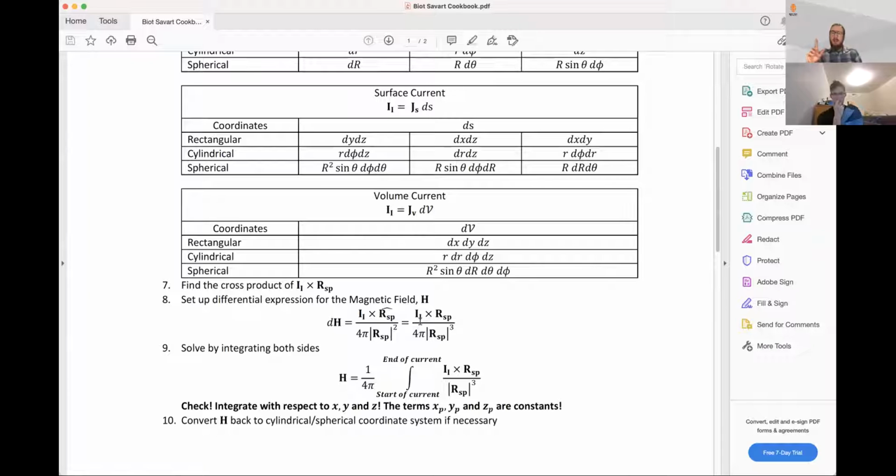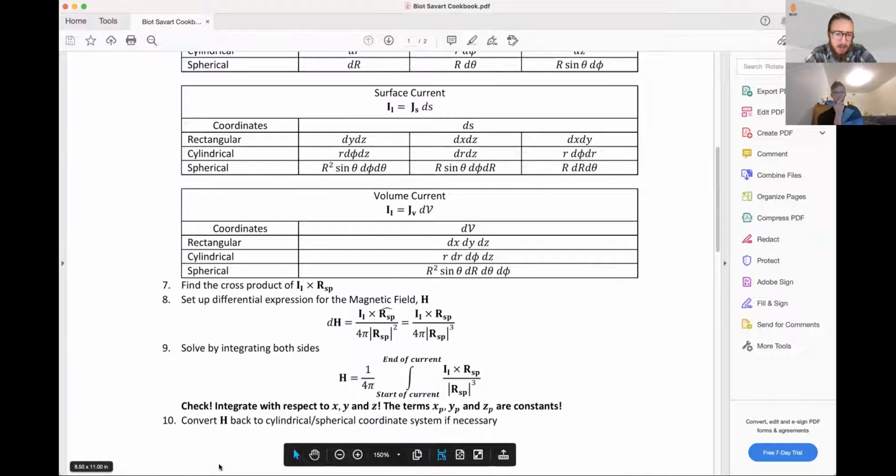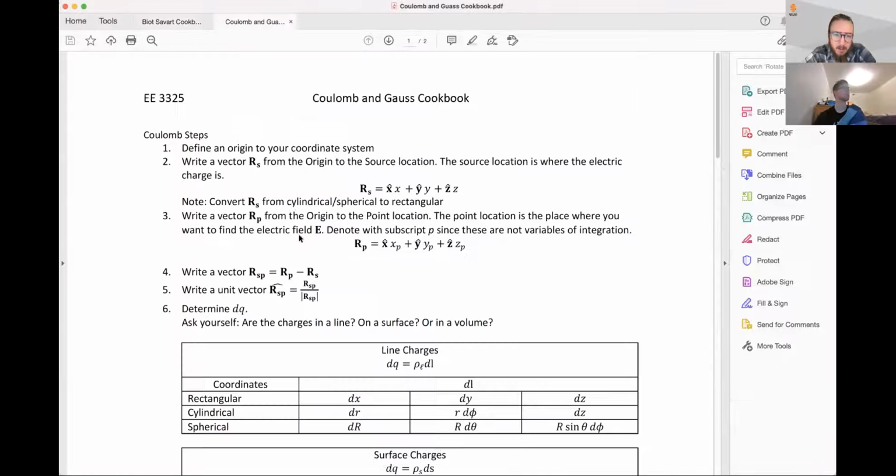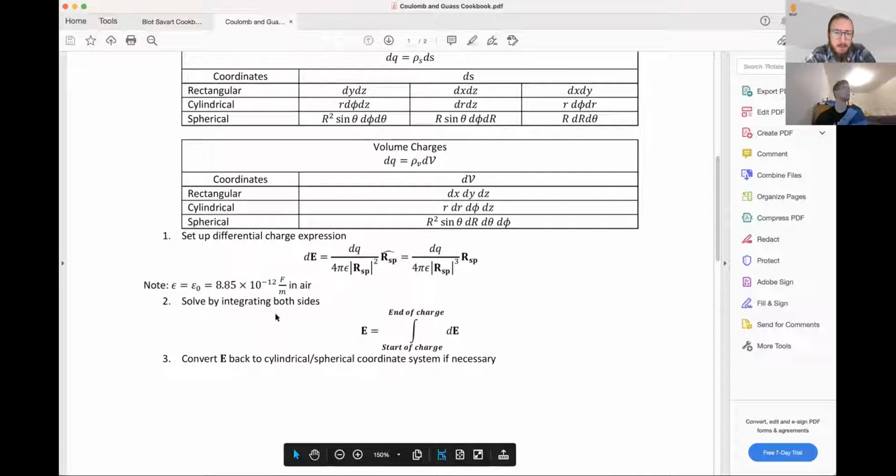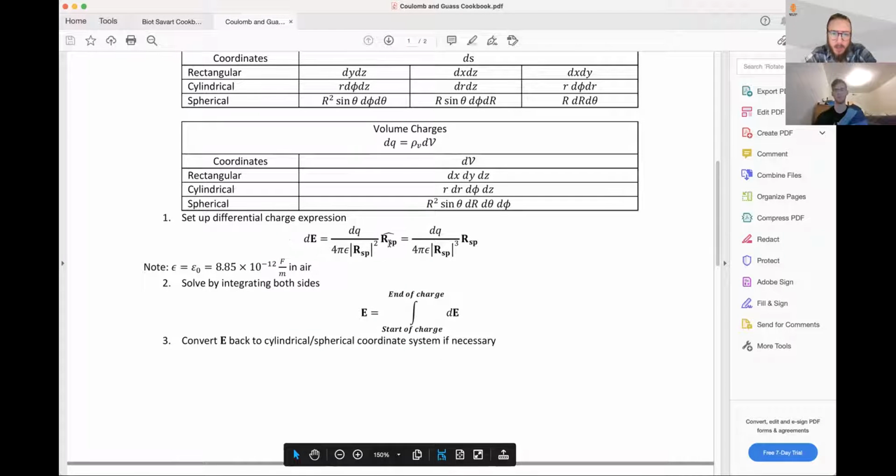So this one is going to be a perpendicular result. And for the electric field, it's not going to be a perpendicular result. It's going to be a collinear result. Let's pull open the Gauss one. Right, the E field is in the same direction for Gauss and Coulomb. So that is the big difference.